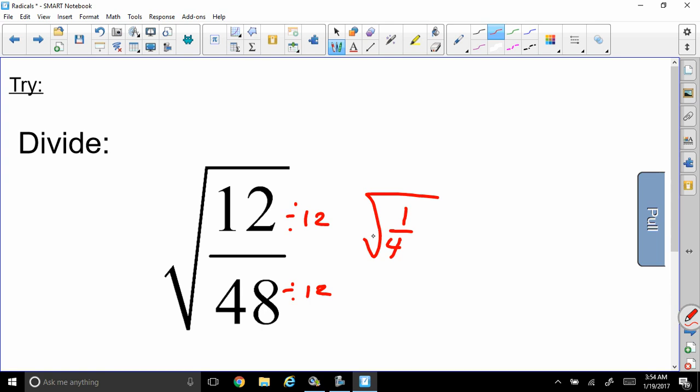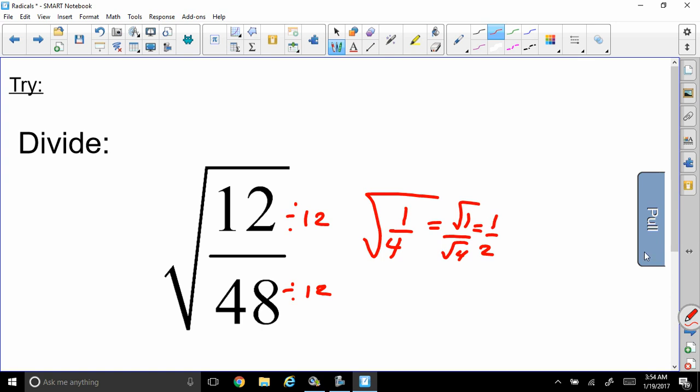So I really have the square root of 1 over 4, and I can break that into two parts. Square root of 1 over the square root of 4, and the square root of 1 is 1. Square root of 4 is 2, so my answer would be 1/2.